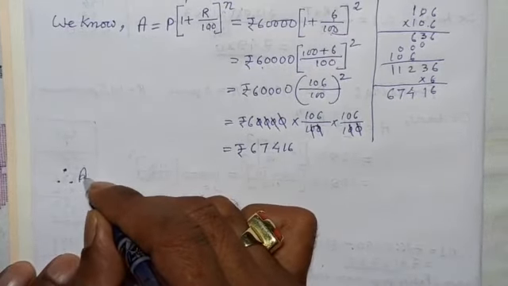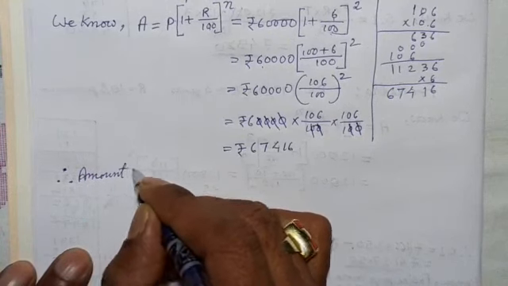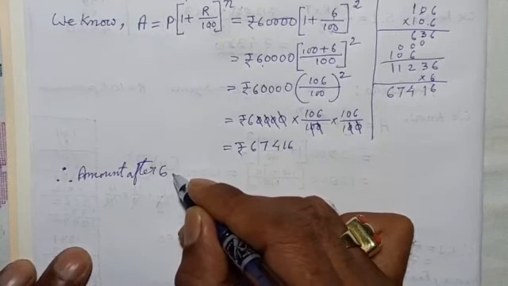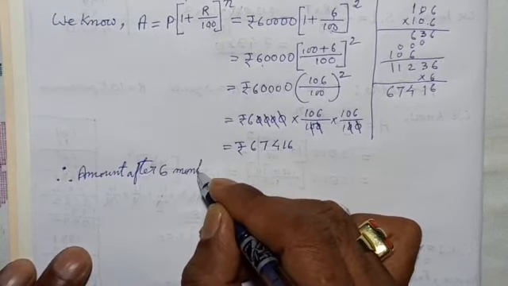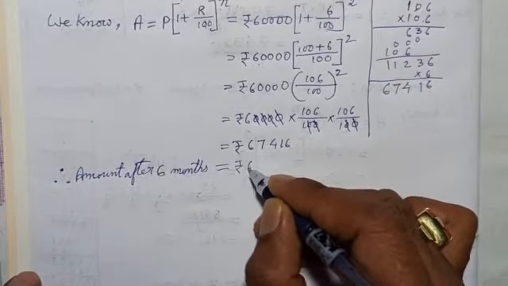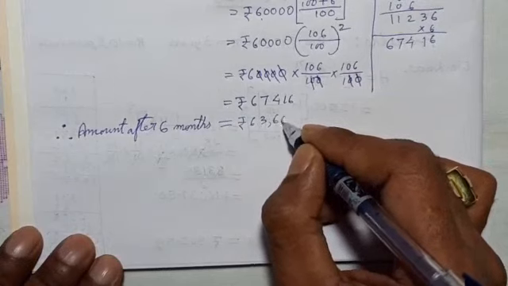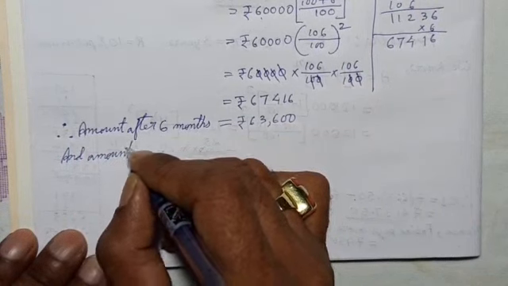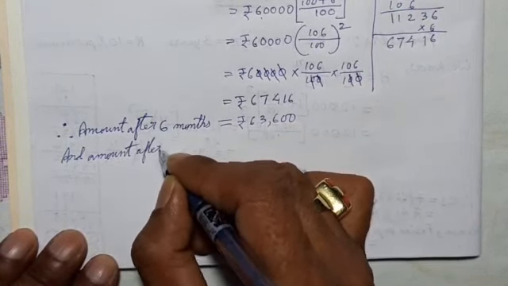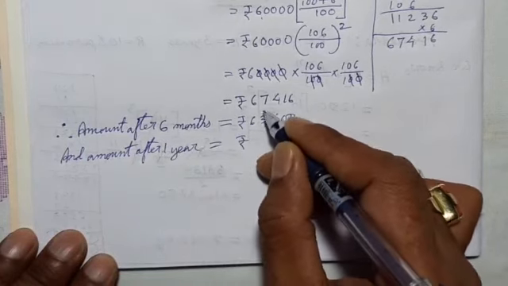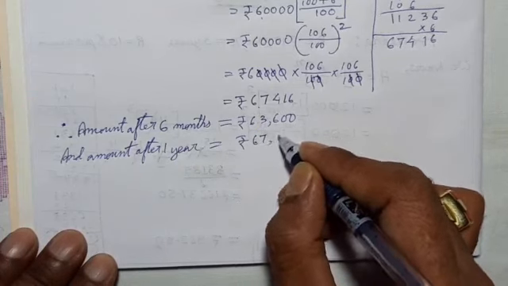Therefore, amount after 6 months is equal to rupees 63,600, and amount after 1 year is equal to rupees 67,416.